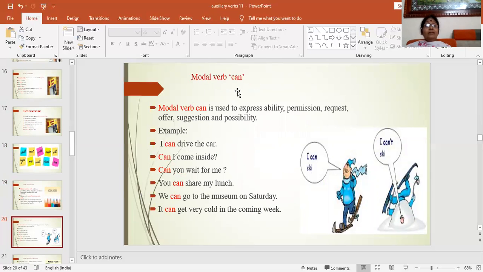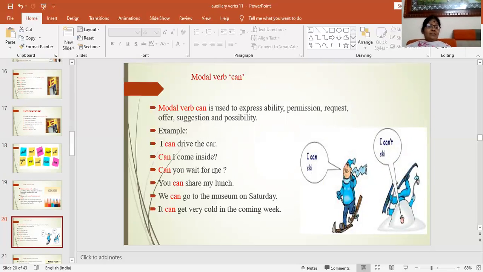First, we will look at the modal verb can. How we can use this verb. Modal verb can is used to express ability, permission, request, offer, suggestion, and possibility. Example, I can drive the car. This is ability. Can I come inside? Permission. Can you wait for me?